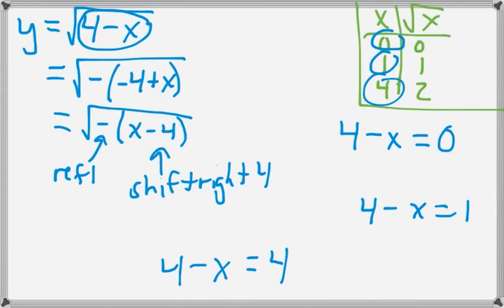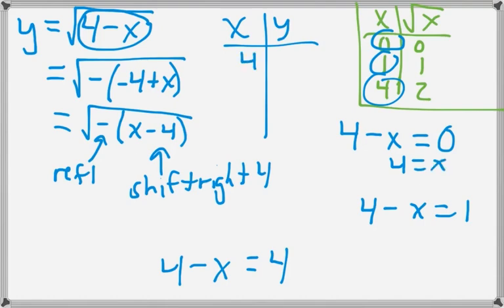If we solve each of those, that will give us the correct x values. So the first one should be 4. That's from shifting to the right, and then 3, and this one will be 0.